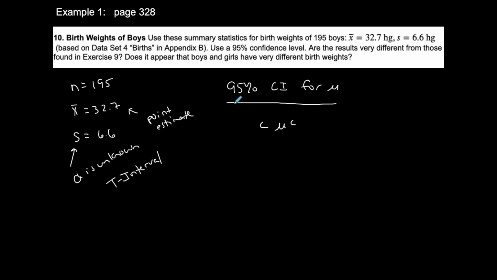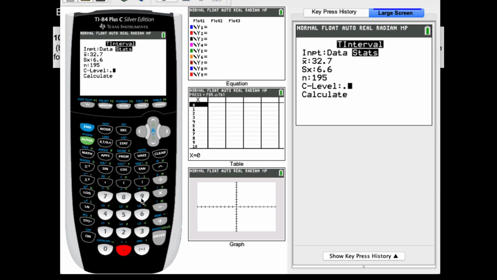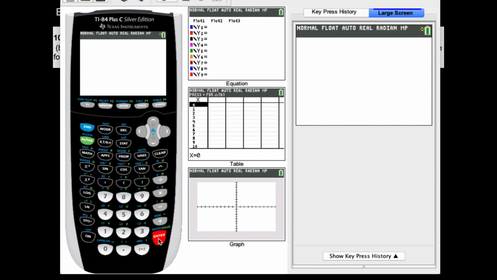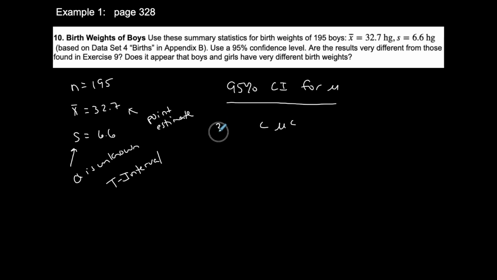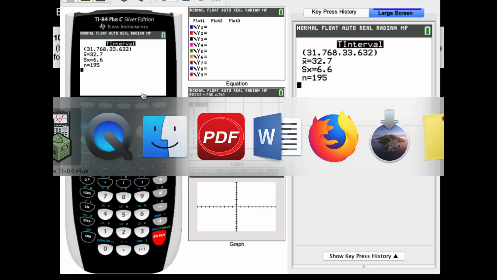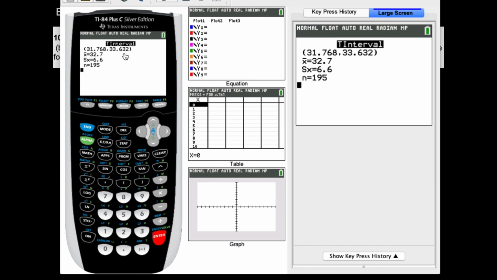And my confidence level for this case is 0.95, a 95% confidence level. Calculate. I got, in interval notation, my interval of values: 31.77 is my low end, and my higher end is 33.63.